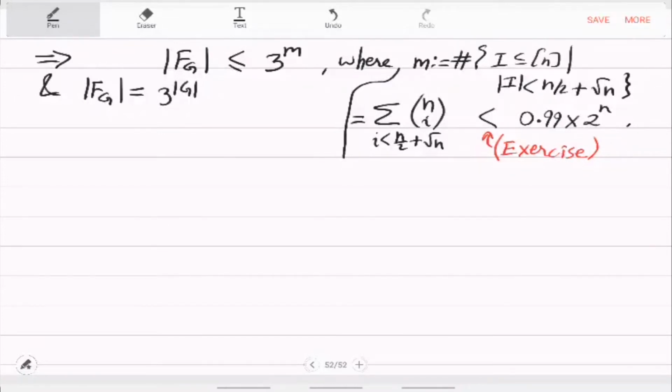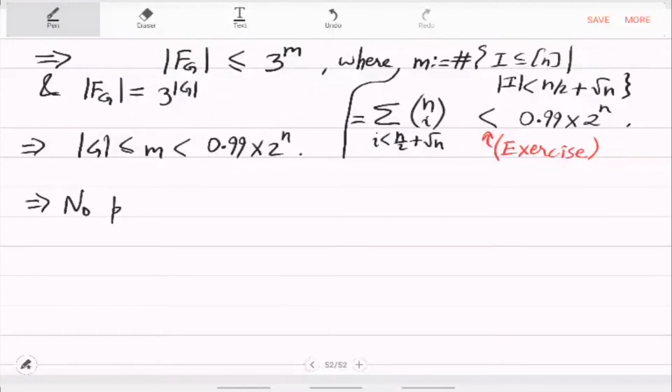The other is more complicated, which is by the representation of the function as a polynomial of low degree. That gives you 3 raised to m. So which implies that size of G is less than or equal to m, which is less than a fraction of 2 raised to n. So the domain cannot be large. Okay, that is what we wanted to show.